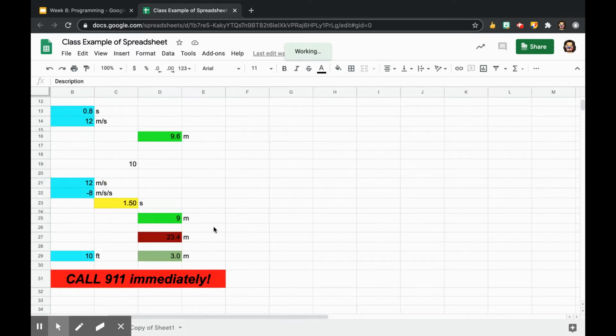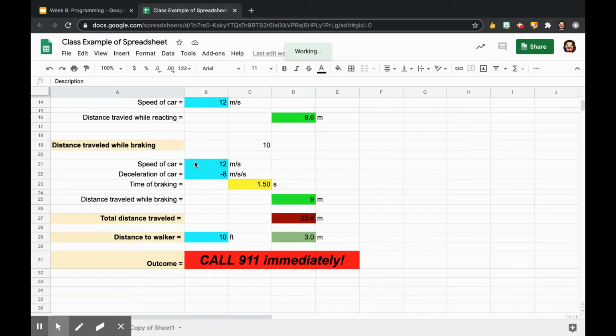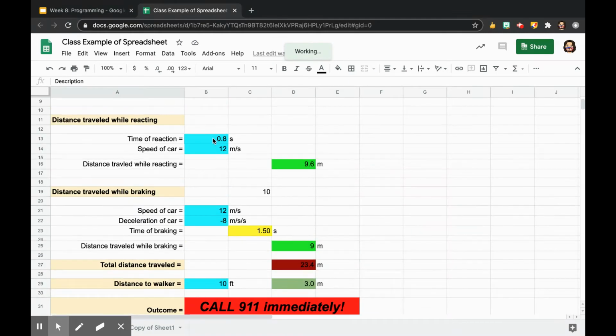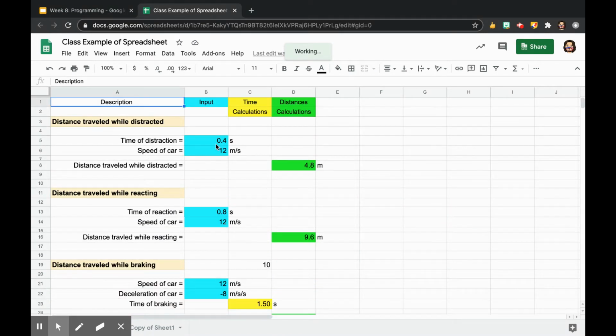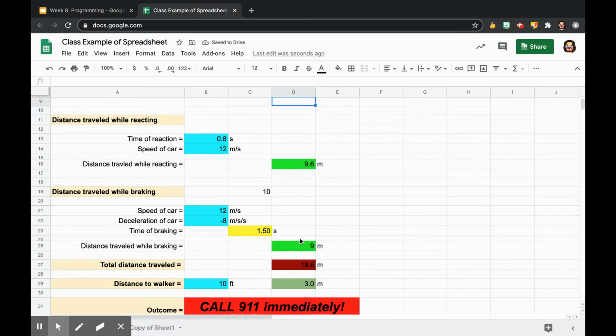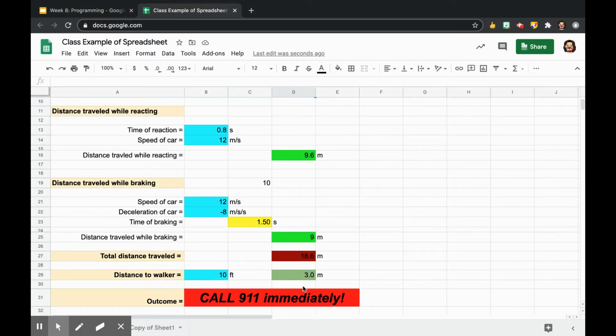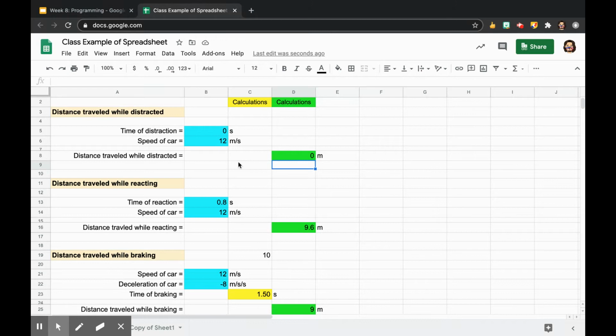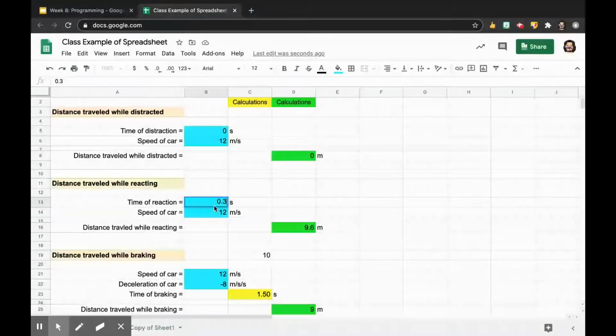Whereas, let's see, what would happen if I started to change my numbers where, let's see, I wasn't distracted at all. My number right there gets changed. And when you add it all together, they still got hit, even without distraction. Let's say they reacted a lot faster too.